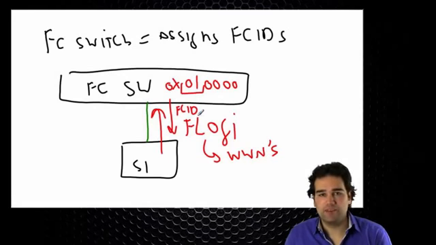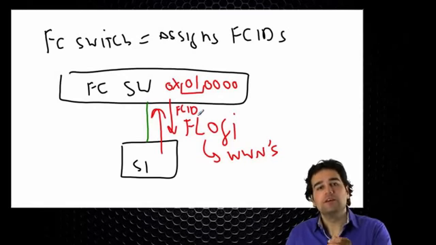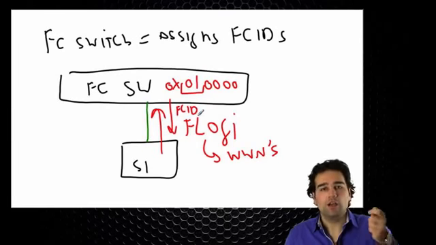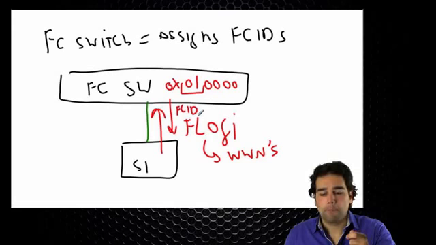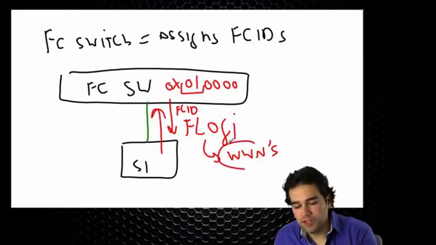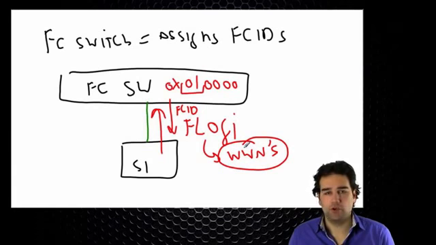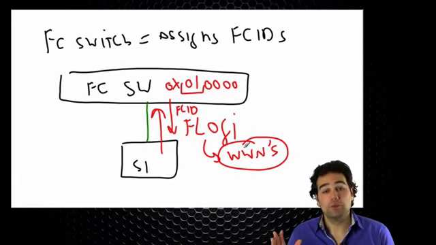I technically can do that, but nobody uses that. If I take it to another switch, I will get a new FCID and I will log into the network again. Based on my worldwide names, it will of course detect what host it is and that it saw it before. And then all the configuration that I did to allow that host to go somewhere will stay in place.